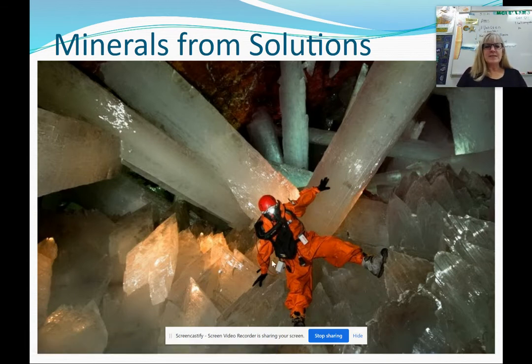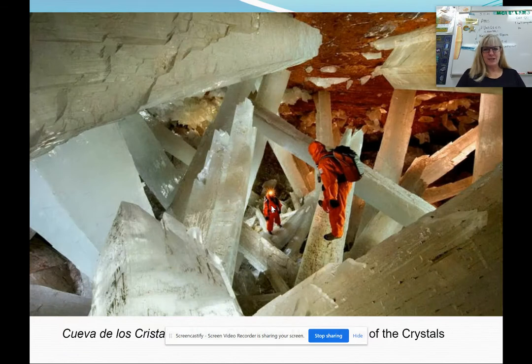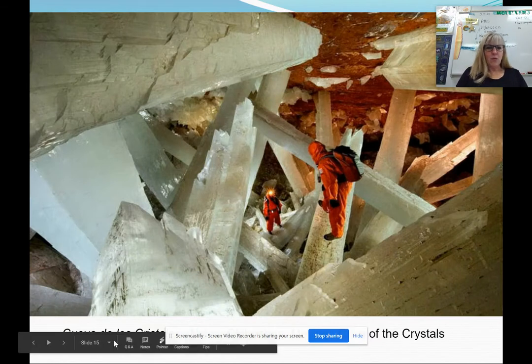These are formed in a very gaseous environment. It's hot, and there are some dangerous gases in there, and this very moist gaseous environment has allowed these crystals to get outrageously big. There it is, the Cueva de los Cristales, Cave of the Crystals.